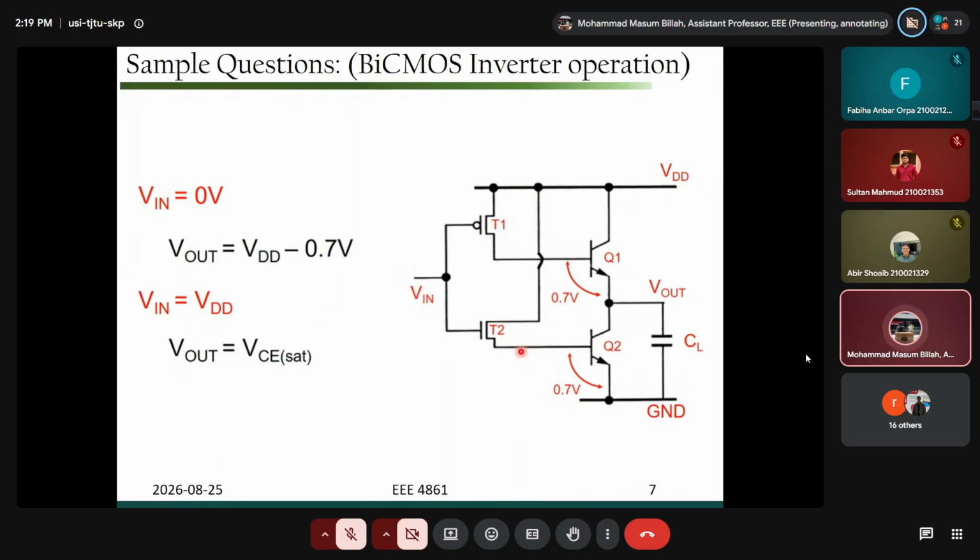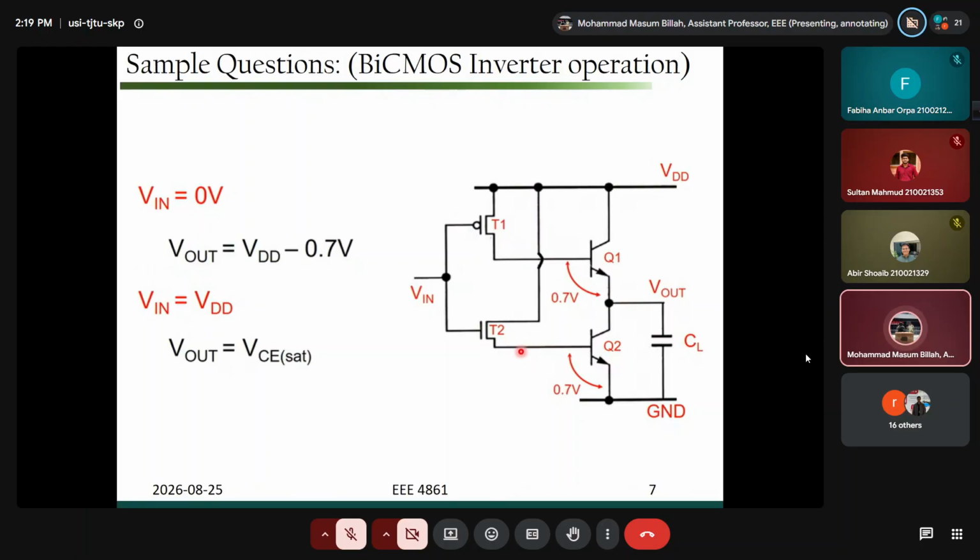Here is one of the examples: why is BiCMOS faster than conventional CMOS? What are the limitations of conventional CMOS? What are the advantages of BiCMOS? What could be the disadvantage or limitation of BiCMOS? These kinds of things you need to study.